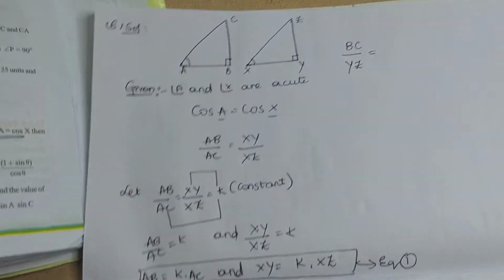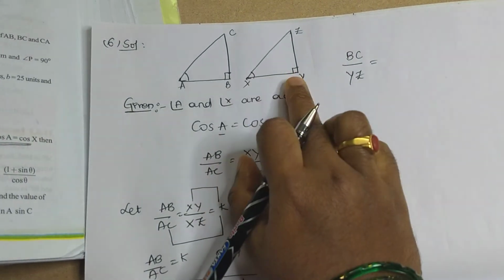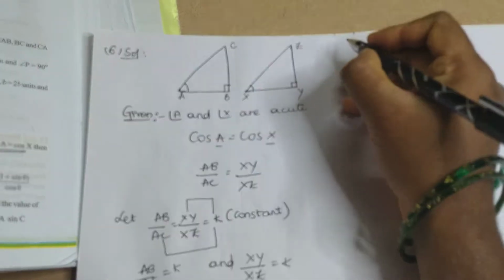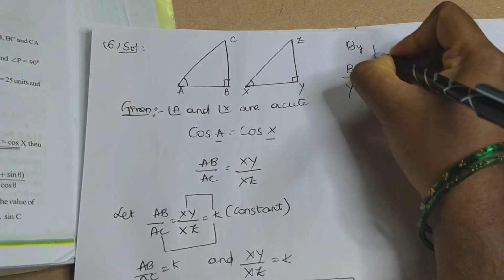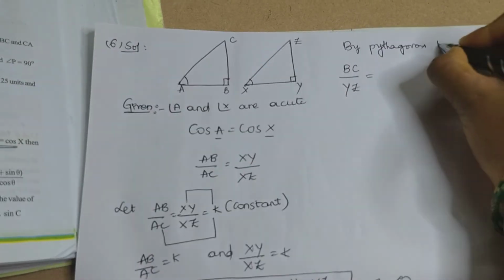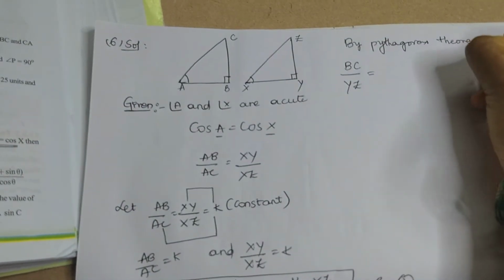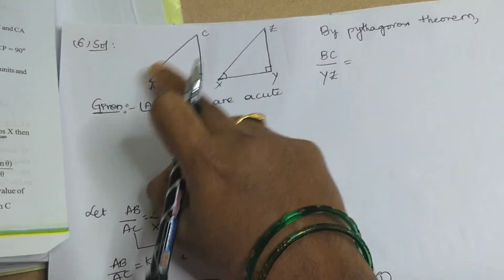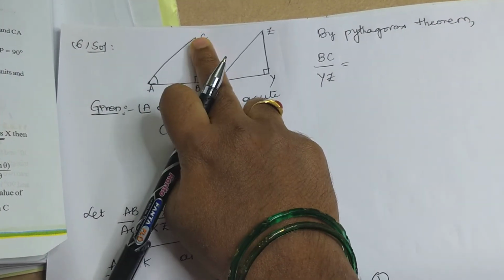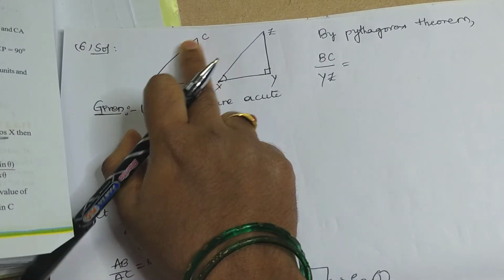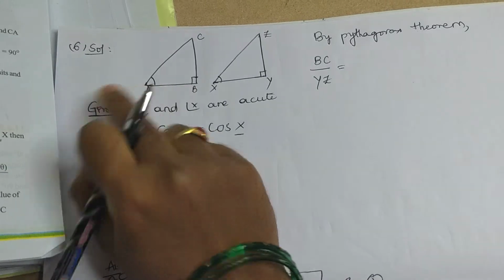Okay. So since the two triangles are right angle triangles, can we apply the Pythagoras theorem? Yes, we can apply. So by the Pythagoras theorem, how can we write BC? Since hypotenuse square equals side square plus side square, one side can be written as square root of hypotenuse square minus other side square.